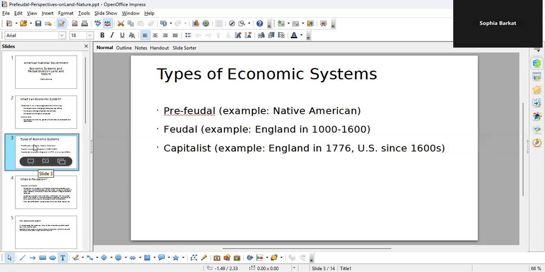But also looking at the videos on public land management, talking about common and public lands. We're interested in how pre-feudal societies thought about land.